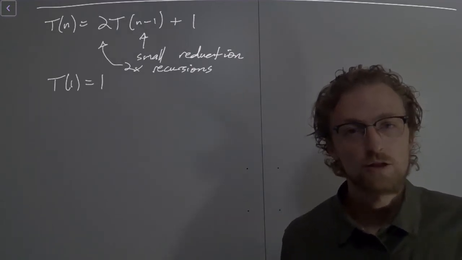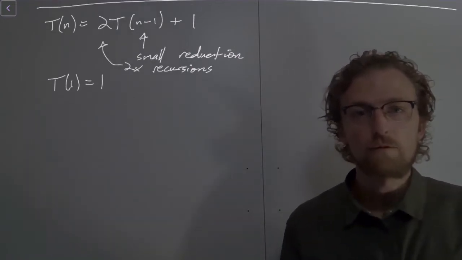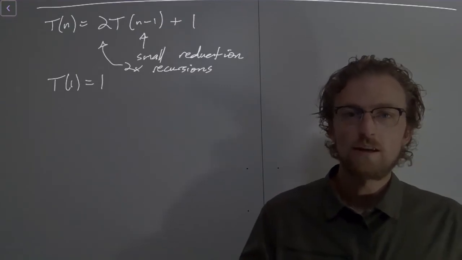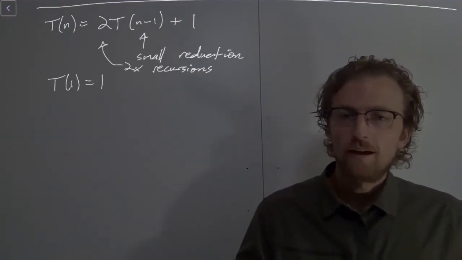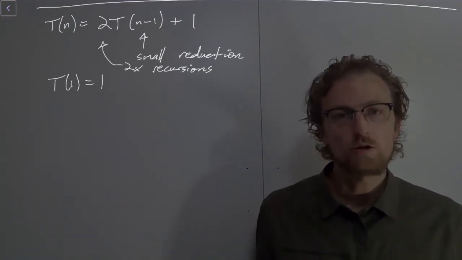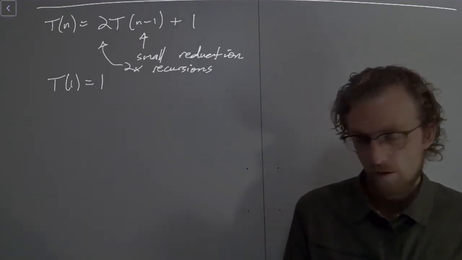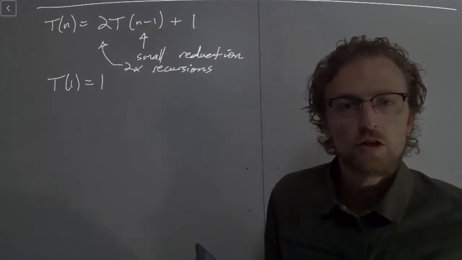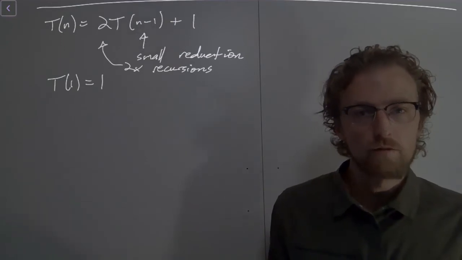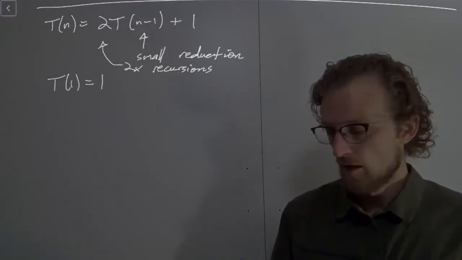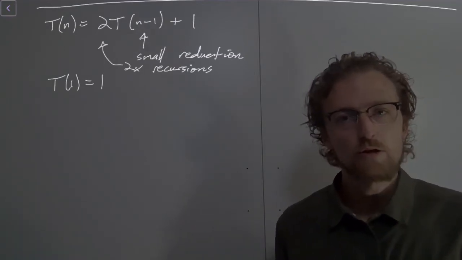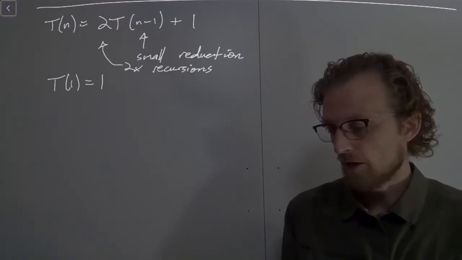And so the number of recursive calls is going to increase exponentially, while the size of the input is shrinking quite slowly. This suggests that maybe it's going to take a lot of moves to move a large stack of disks. So let's chase this recursion through, solve it, and actually figure out the answer.